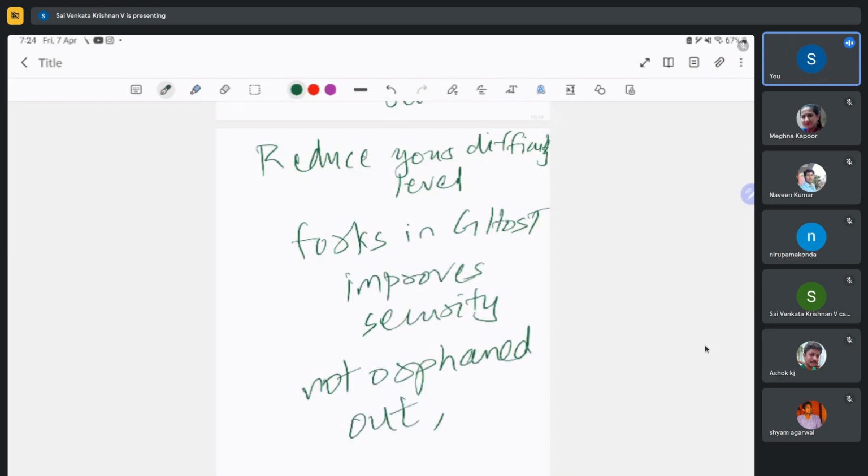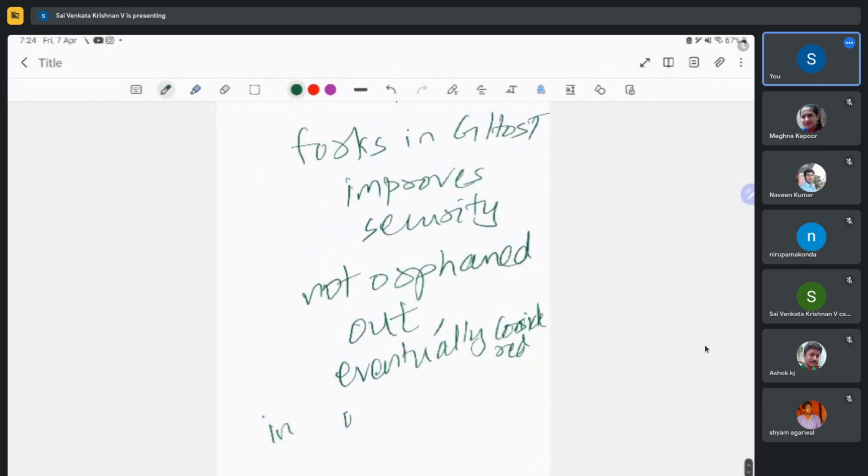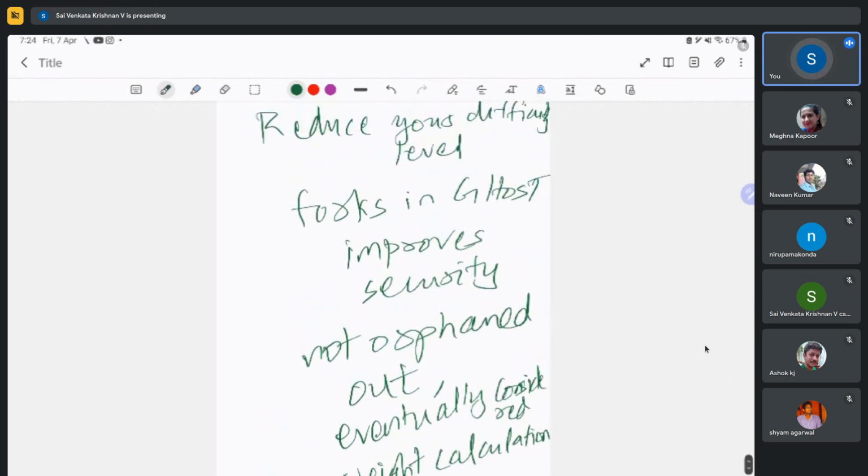They are eventually considered in the weight calculation. So in this way, the forks are not completely a waste, whereas they are rewarded with partial rewards, and this is in a way dealing with the drawback which we had discussed about reducing the difficulty level to improve transaction throughput per second.